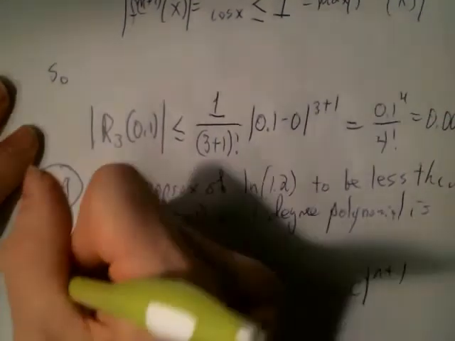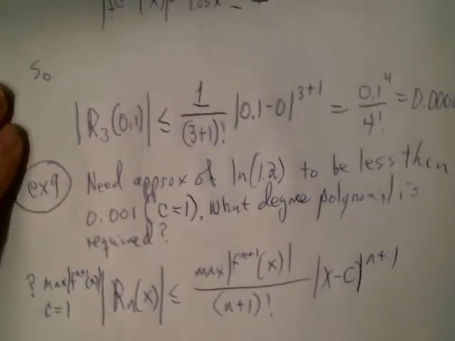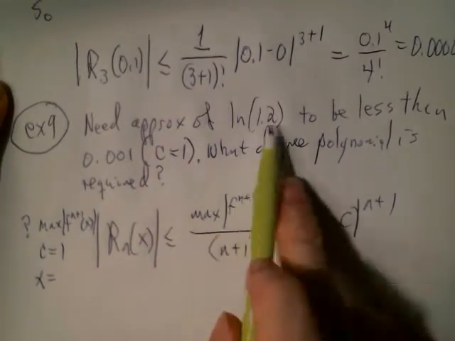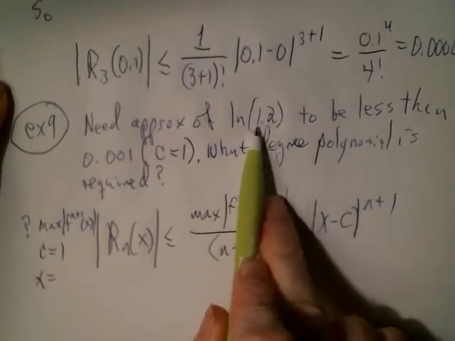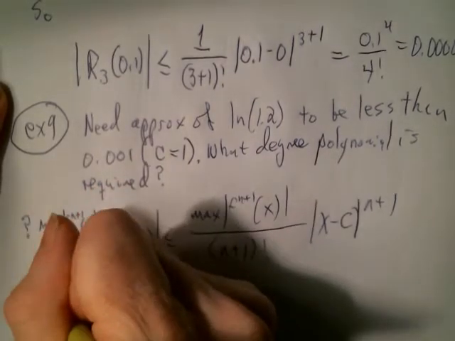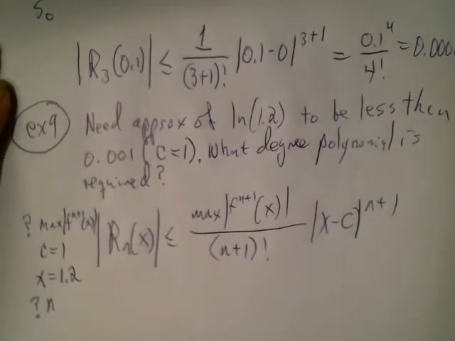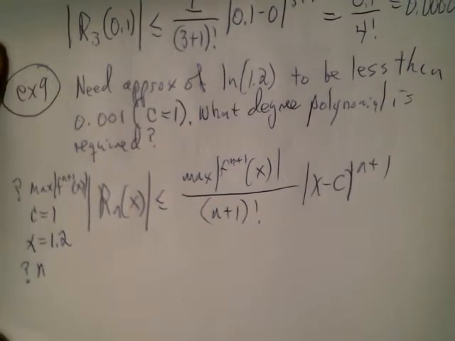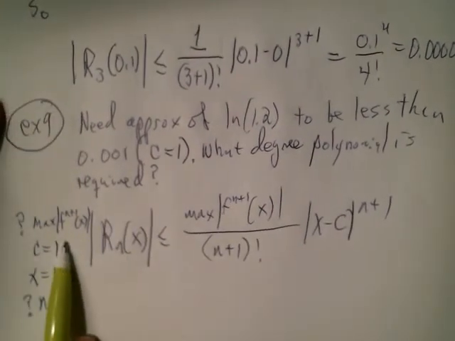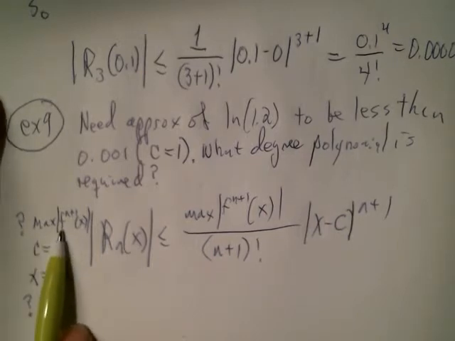That's kind of an unknown. The c value, in this case, we know that's 1. And the x value is the thing you're trying to put into your formula, so that's 1.2. And then the n value is also unknown. So n I don't know. The answer to this question will be the n value. So in order to unlock everything, I'm going to have to figure out this guy right here.